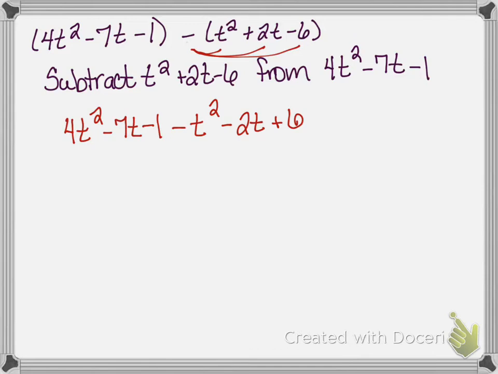You've got to give that negative to everybody. 4t squared and minus t squared, 3t squared. Negative 7t minus 2t. And negative 1, positive 6. Good. Okay, I will see you guys soon.